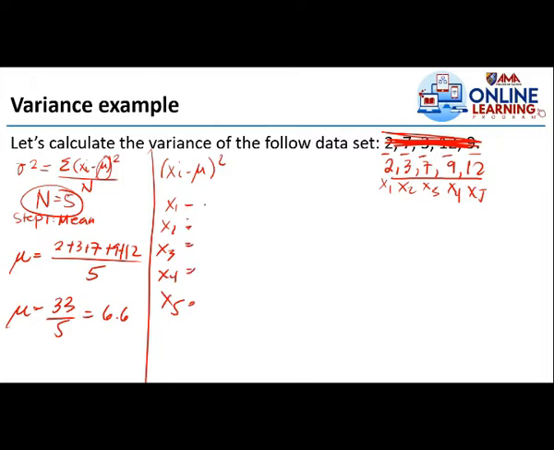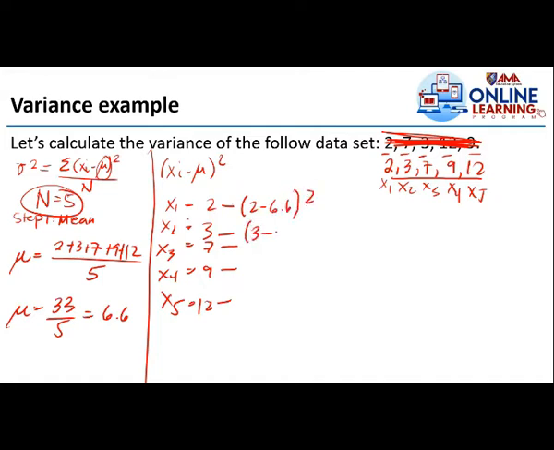That is 2, 3, 7, 9, and 12. So, kunin natin isa-isa ang x sub i minus mu. So, ang x sub i natin dito is x sub 1. So, that is 2 minus 6.6 squared.